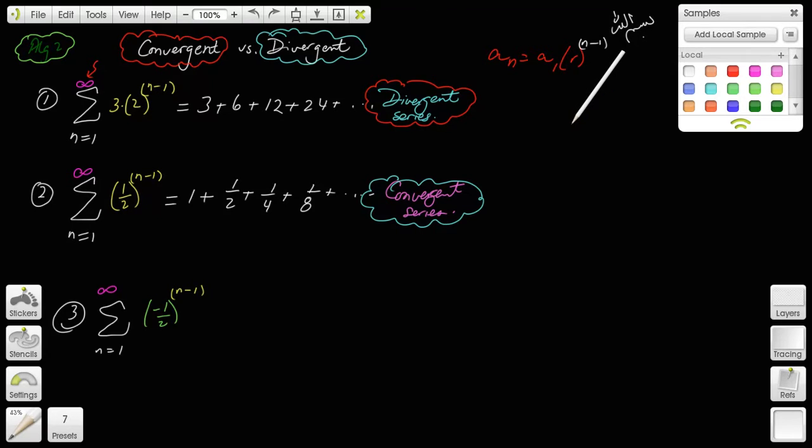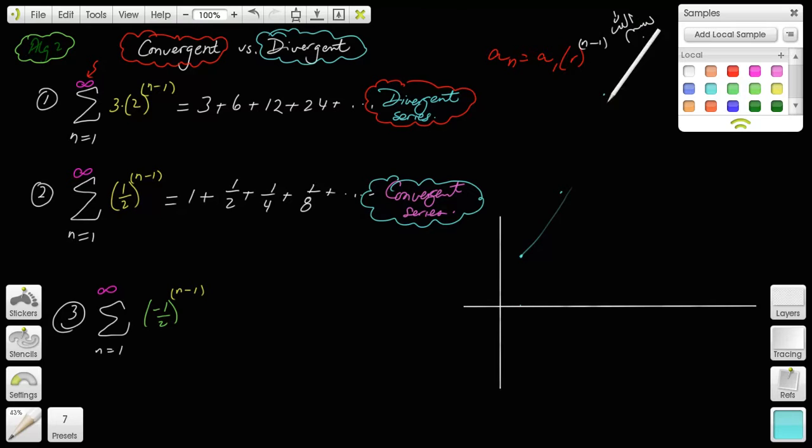So if I were to graph, let's say, the first one over here: when n is 1, it's 3, and then it gets bigger, 6, and bigger like this. So it's going higher and higher and higher like that.